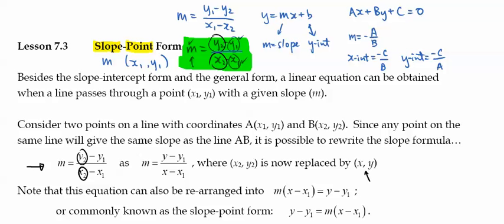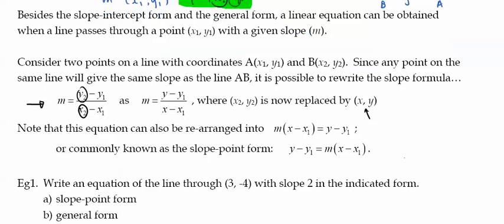we will then come up with the equation that we call slope point form. Now, of course, not many of us like to work with denominators. So if you choose to not work with a denominator, you can multiply this denominator to the other side, therefore giving us m times the bracket from the denominator on the right side.